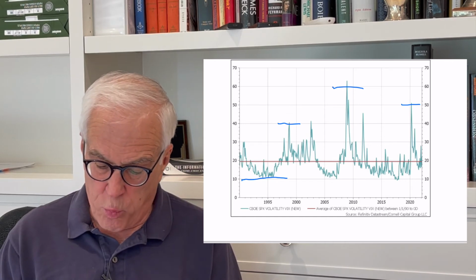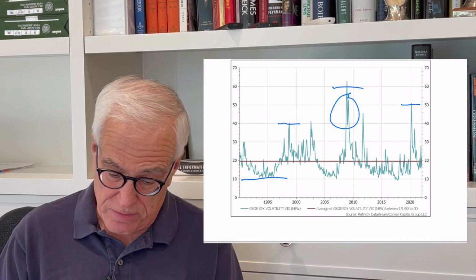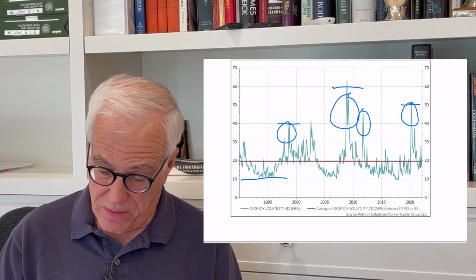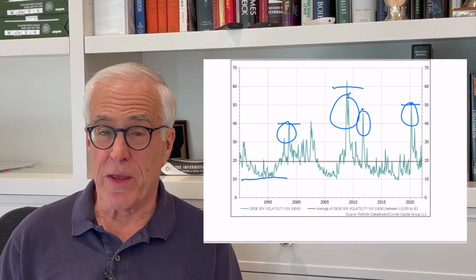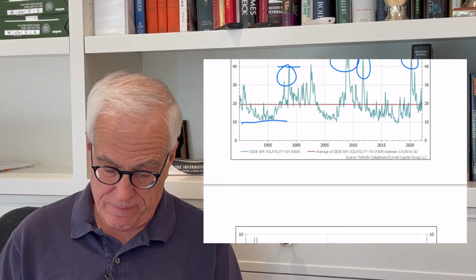But notice that when it's above average, it tends to stay above average. Here, here, here, here, and probably right now as well, though I don't show that on my chart. That's like the weather pattern.